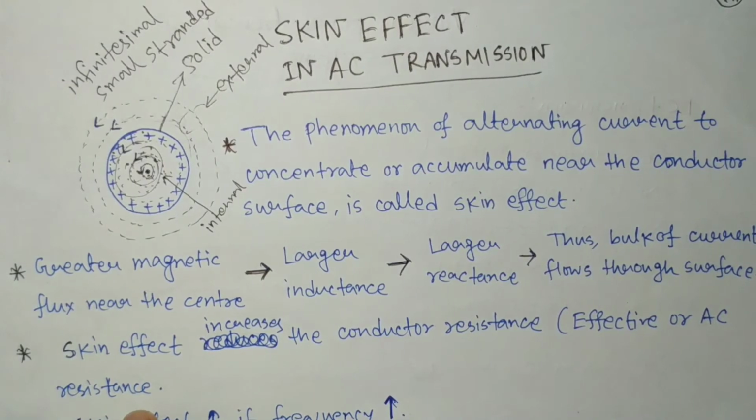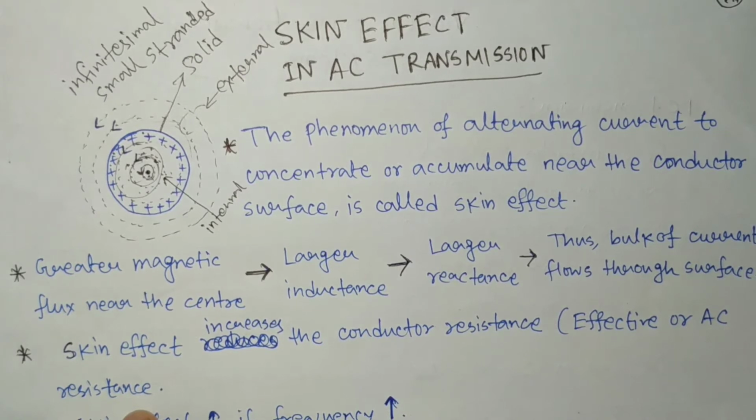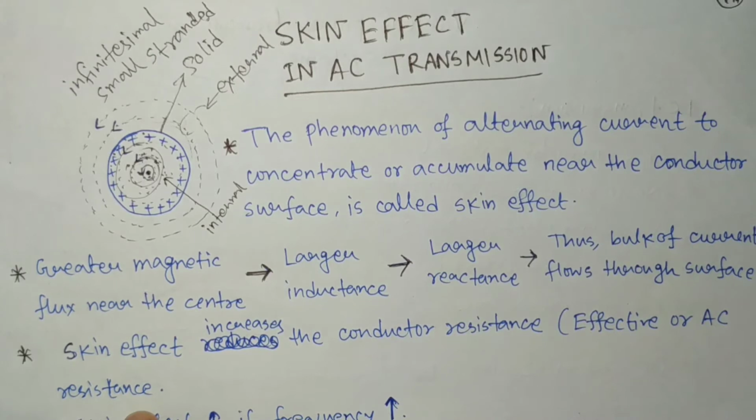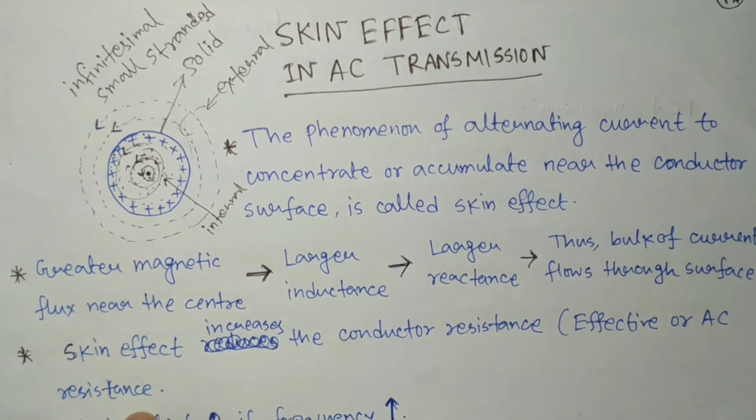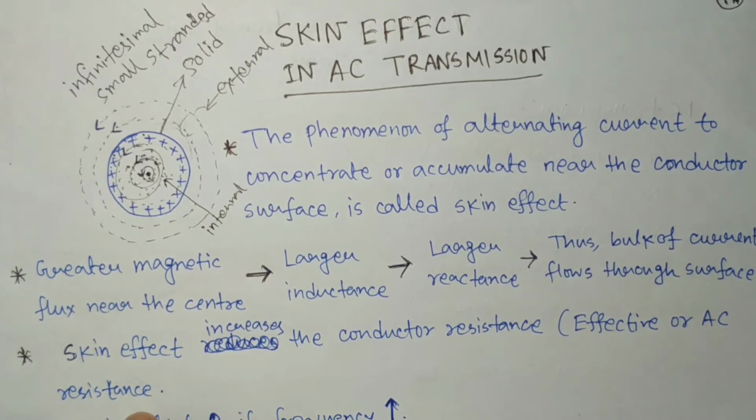Now imagine a particular strand; a strand can also be considered a conductor. If a particular conductor is under the influence of more flux, it will experience more inductance. More inductance means more reactance, right? It is the property of current that current will always follow the least reactive path.